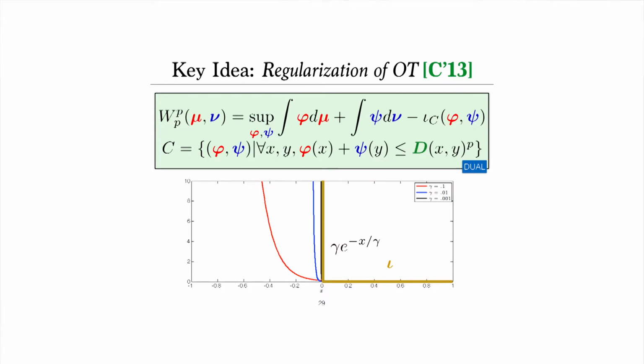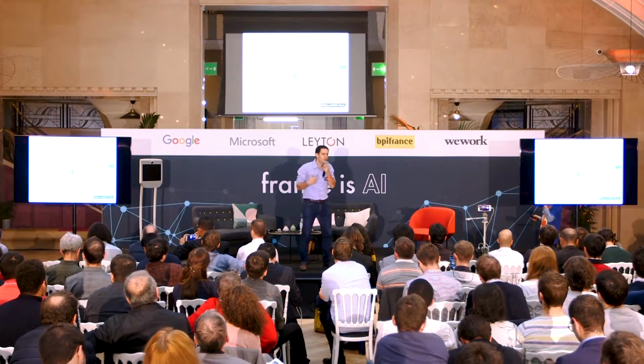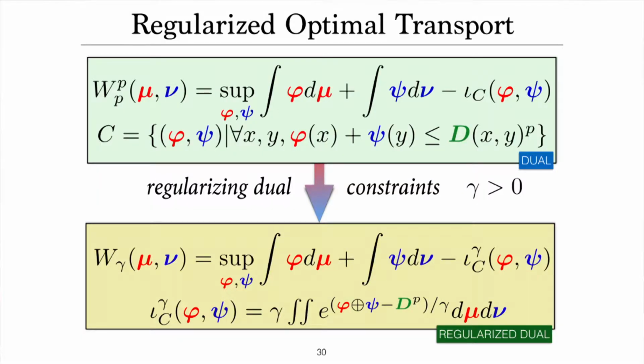So this is a bit like duality. One possible and very efficient way to regularize this is to use something called entropic regularization. And entropic regularization is just a slight modification of the optimal transport problem. I don't really have the time to explain all of this to you here, but it considerably speeds up all computations.